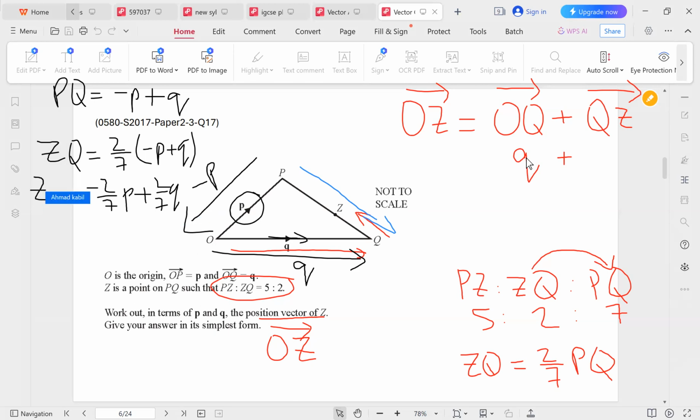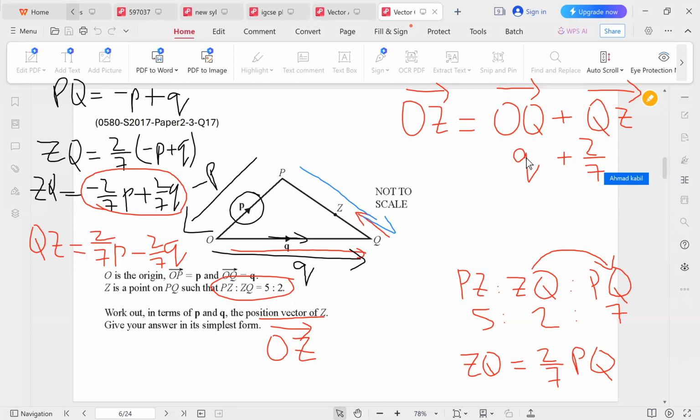This would be the vector ZQ. However, we are interested in vector QZ. So QZ is the negative of ZQ. So that would just be the same vector here, but with opposite signs. So we have 2 over 7P minus 2 over 7Q. Now that we have obtained QZ, we can simply plug it into the equation. So we have Q plus 2 over 7P minus 2 over 7Q.